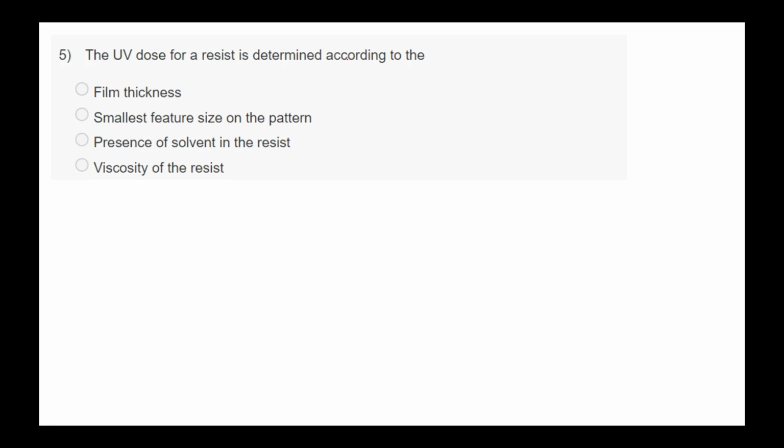And let me know if you have any other comment, or any other factor which affects this.